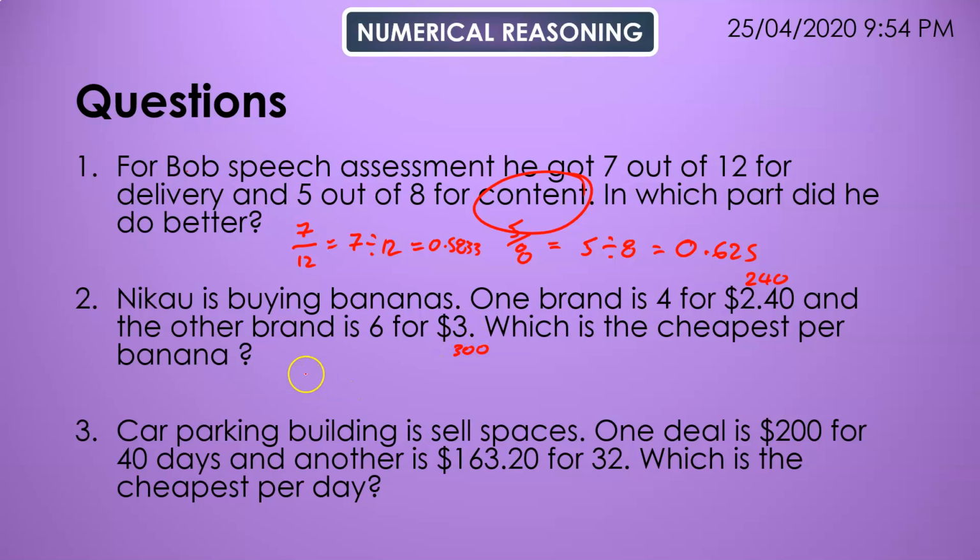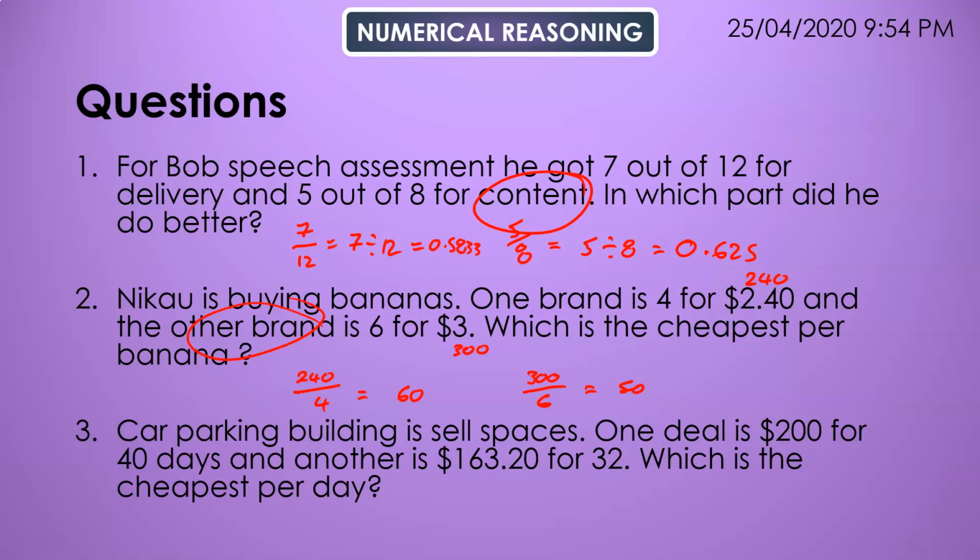So we've got 240 divided by 4, which in this case is 60 cents, or 60 over 1. And the other one is 300 divided by 6, which is equal to 50 cents. So it's quite obvious to see that the other brand, the 6 for $3, is the cheaper option.